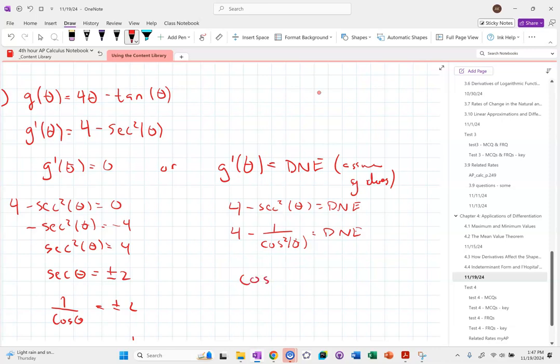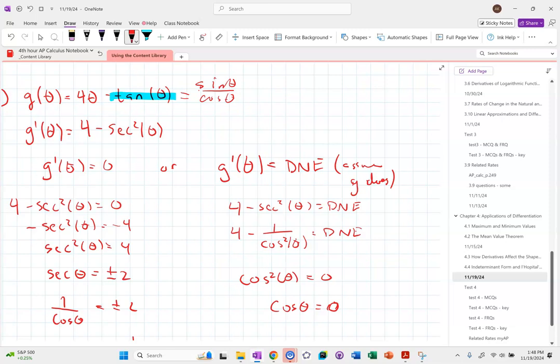So this doesn't exist wherever cosine squared equals 0, which is the same place as where cosine theta equals 0. But if I go back and look at the beginning, tangent, I remember, is sine over cosine.